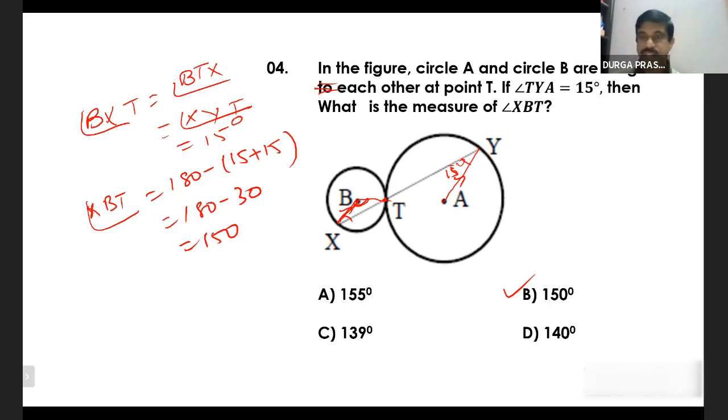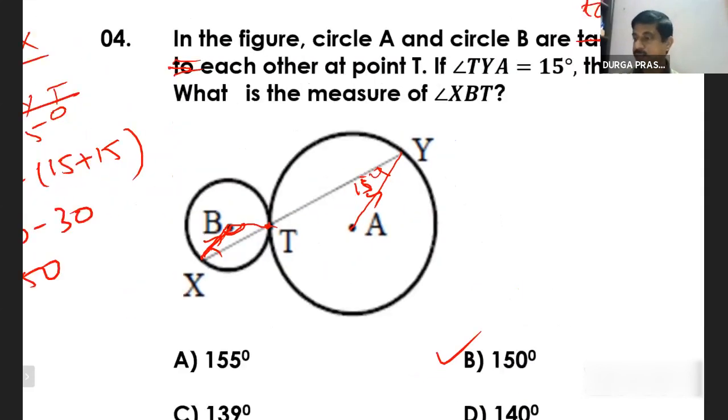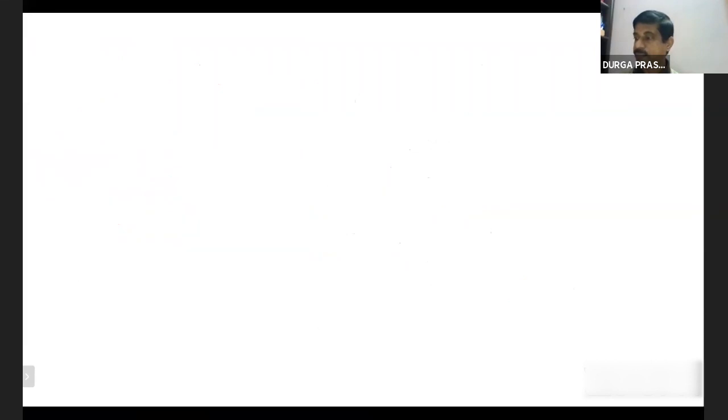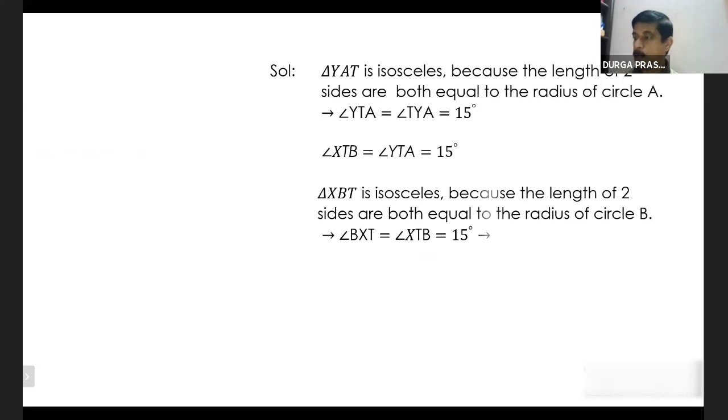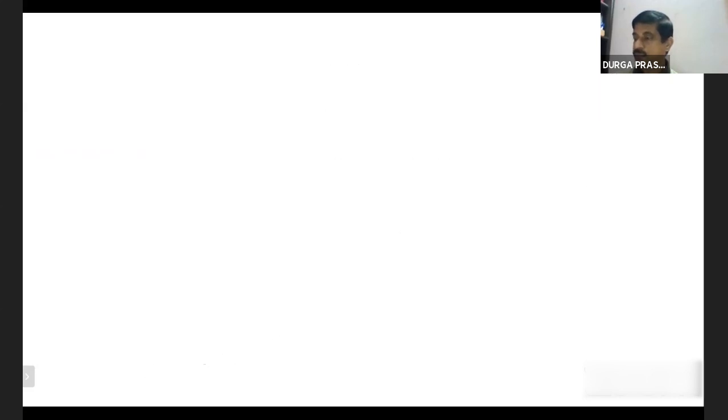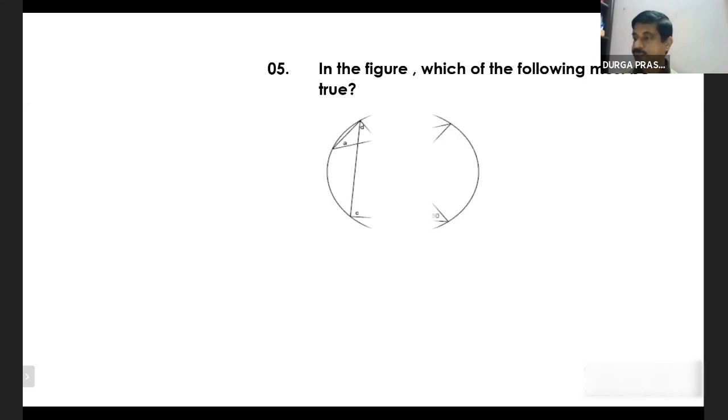Okay, I think this is clear. Let us move to the next question. In the figure, which of the following must be true?